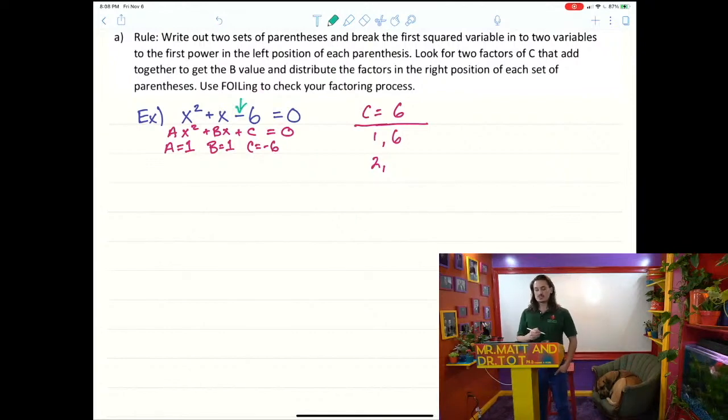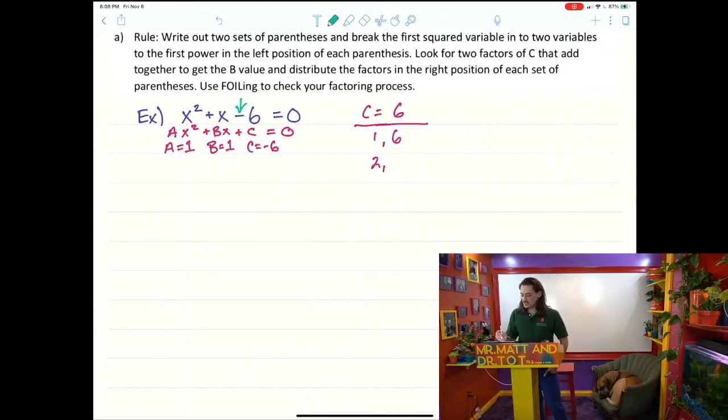If the c value is positive, that means that both factors are either negative or both factors are positive, because a positive times a positive will give you a positive, and a negative times a negative will give you a positive. And that's what I'm talking about when you go through the process of FOILing back to check your process against your original answer.